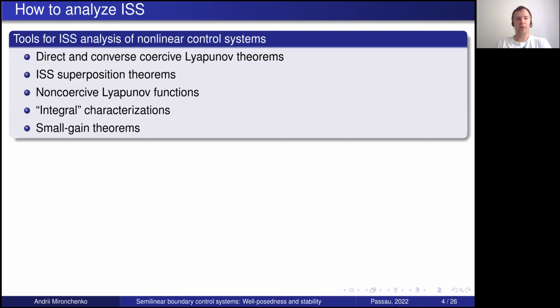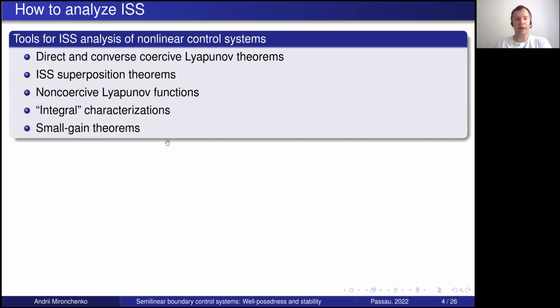In particular, we have direct and converse coercive Lyapunov theorems. We have so-called superposition theorems that characterize input-to-state stability in terms of stability and attractivity properties. We have non-coercive Lyapunov formalism. We have integral characterizations of input-to-state stability, and for analysis of networks, we have powerful small-gain theorems.